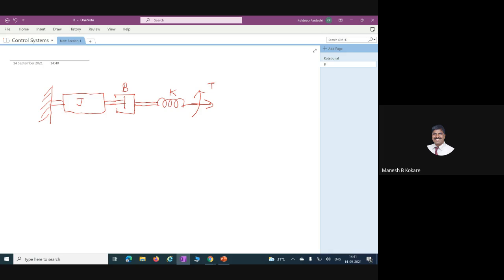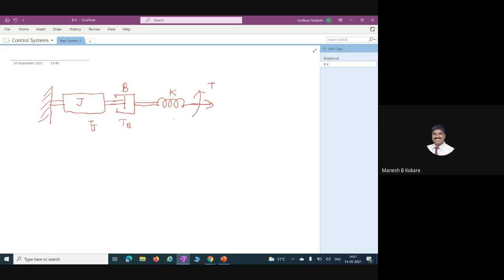Now when you apply a torque in the upward direction, there will be an opposite torque offered by this spring element, as well as this dashpot element B, as well as this moment of inertia. So in this torque equilibrium equation, what is the torque offered by this one? That will be equal to Tj. What will be the torque offered by this one? That will be equal to Tb.